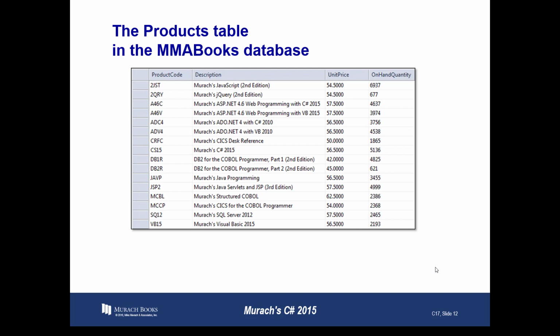That's what you see in the first three fields here. Each one of these columns represents what's called a field. Each one of these rows represents what's called a record. These records collectively comprise a table. One or more tables comprise a database.